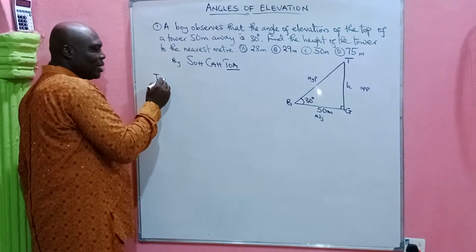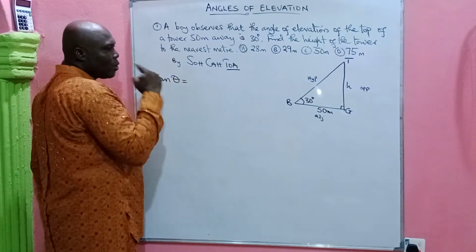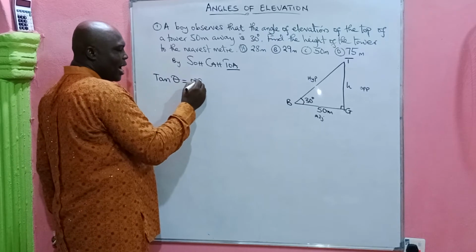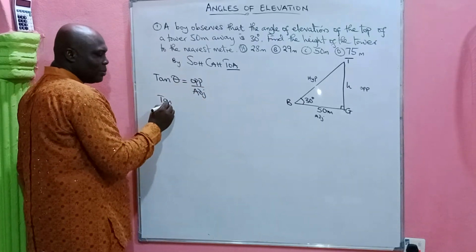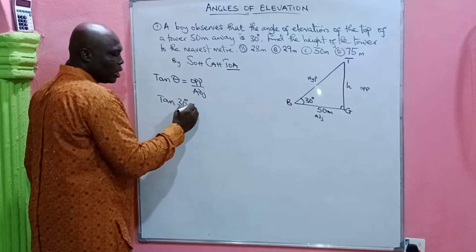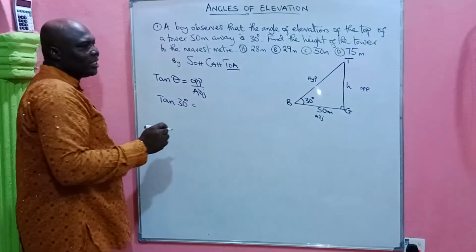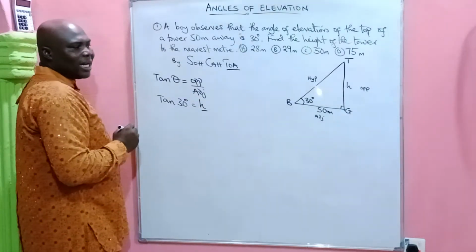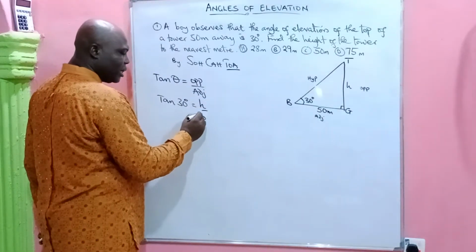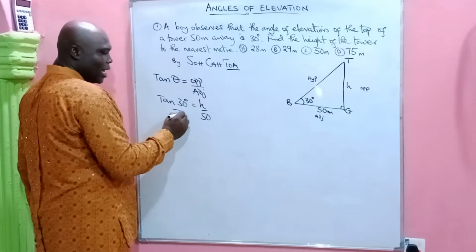And TOA means tan of angle theta is equal to opposite over adjacent. That's the meaning of TOA. The angle theta has been given as 30 degrees. So tan 30 degrees is the opposite side, which is the height of the tower we are looking for, all over the adjacent, which is 50 meters. So we'll make this over 1 and cross multiply.